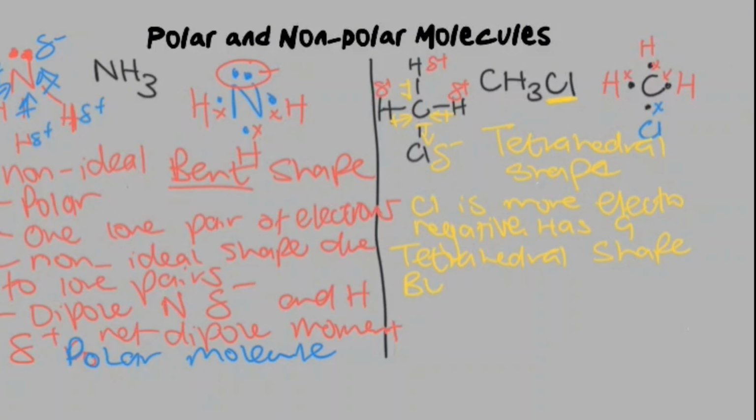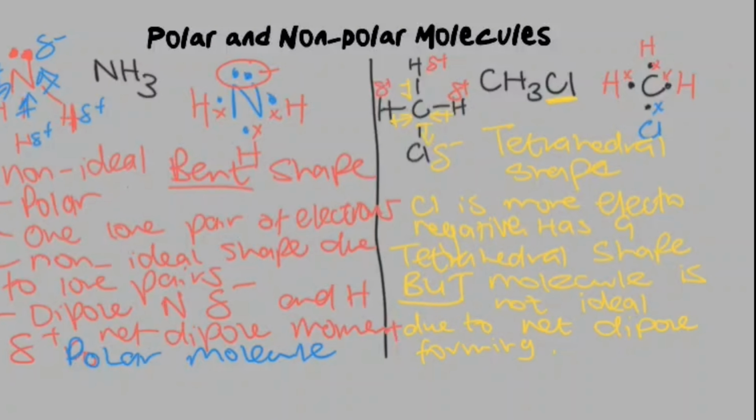But, and this is a very big but, the molecule is not ideal due to the net dipole forming, where you can see that the chlorine is slightly negative and the hydrogen is slightly positive.